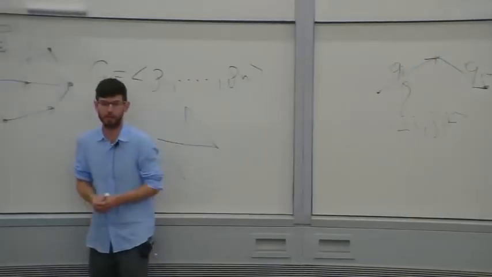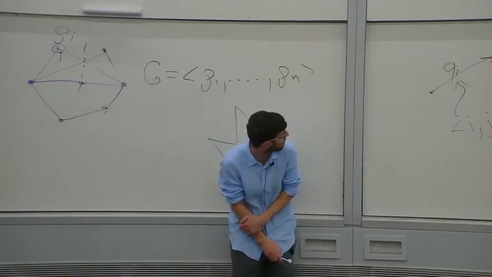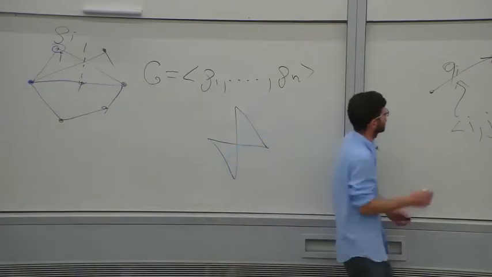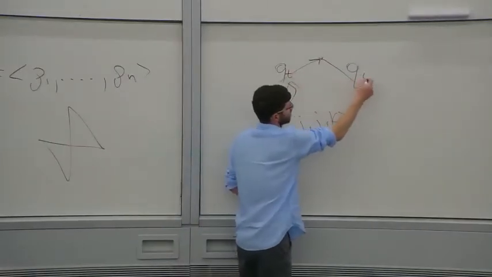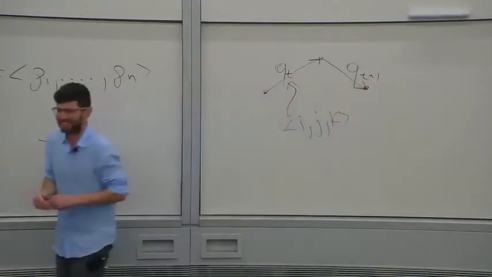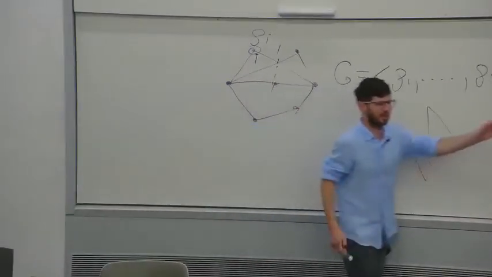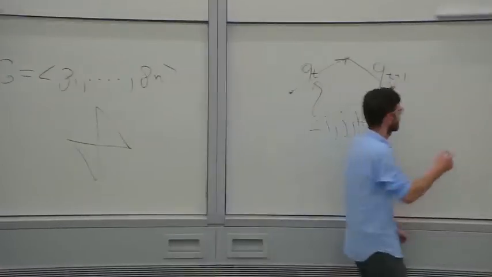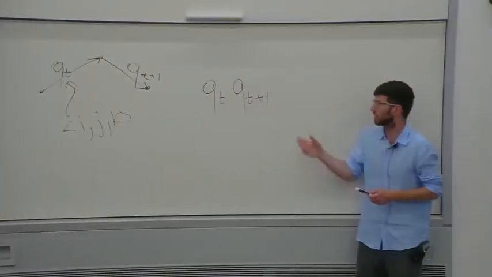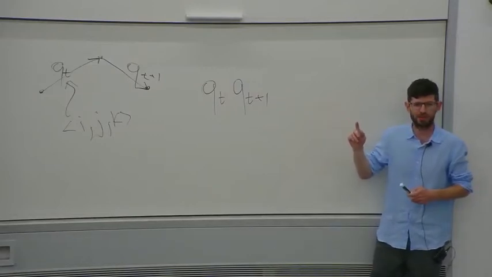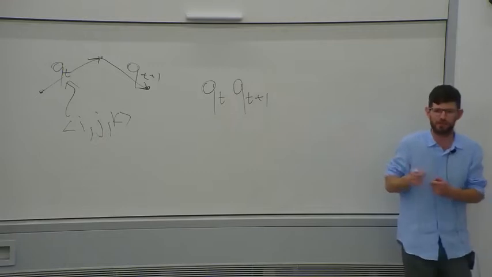And then one can notice the following thing. Let's take q_t and q_{t+1}: two adjacent edges, and let's multiply these two quaternions together. I guess everyone knows how to multiply quaternions. This product will have a real part and an imaginary part.